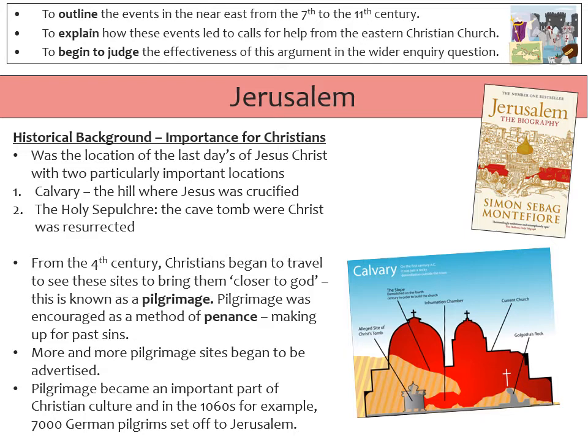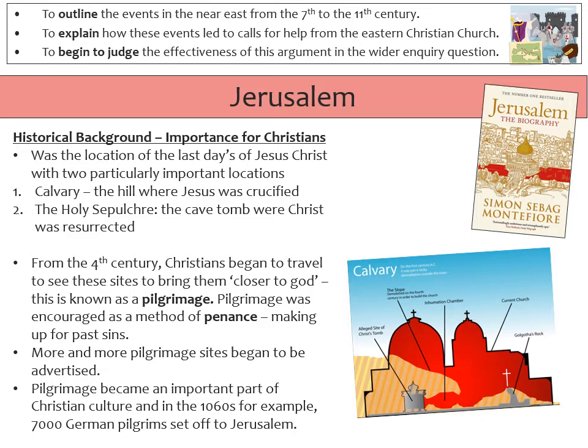So lots of different pilgrimage sites started to crop up around Jerusalem and within Jerusalem itself, for example Bethlehem. Pilgrimage became an important part of Christian culture from the 4th century up until the 11th century, and it still is today, obviously.